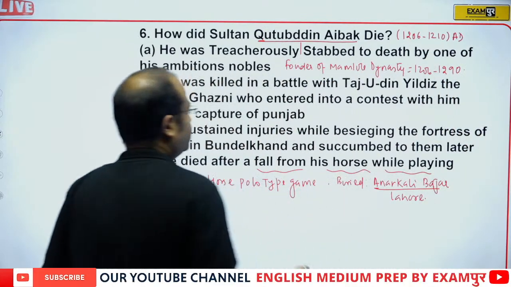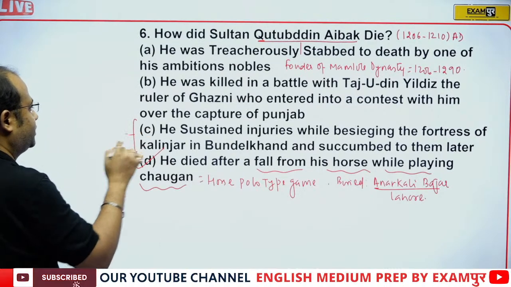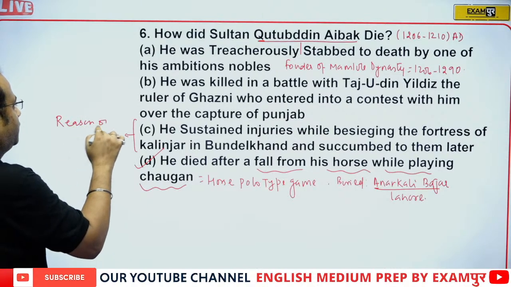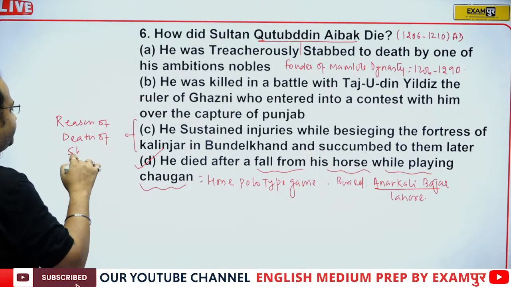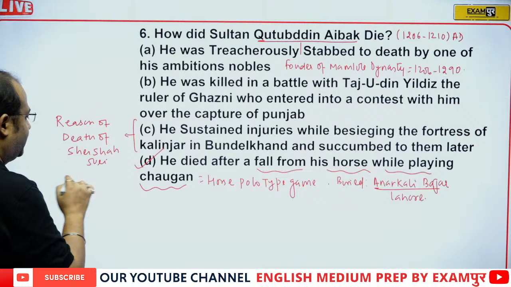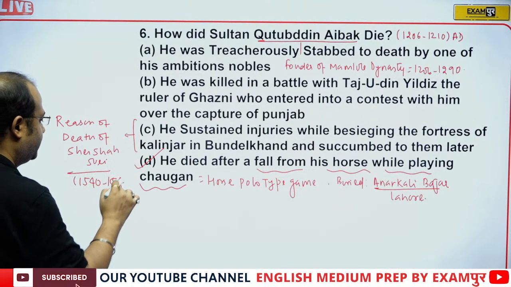And he sustained injury while fortressing the Kalinjar. That is the reason for the death of Sher Shah Suri. So option C is the reason for the death of Sher Shah Suri, and he ruled from 1540 to 1545.